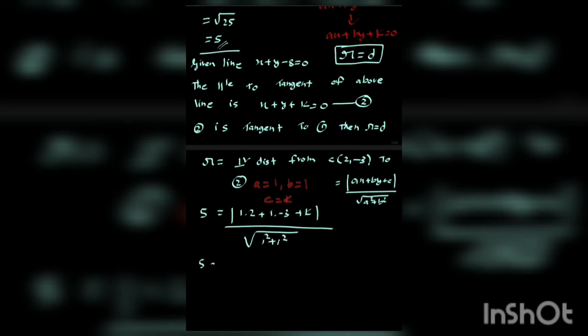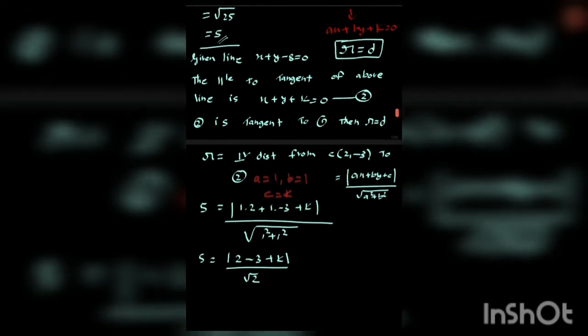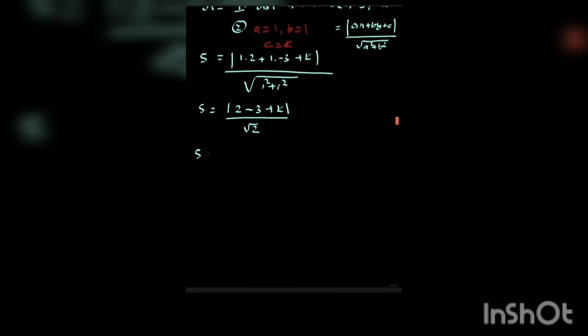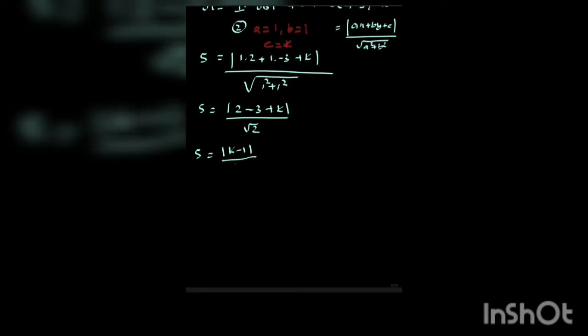So 5 is equal to mod 2 minus 3 plus k by root 2. So 5 is equal to 2 minus 3, that is minus 1, so k minus 1 by root 2.